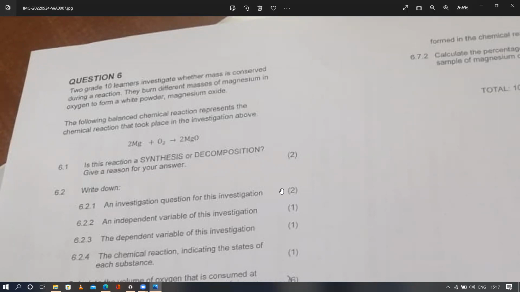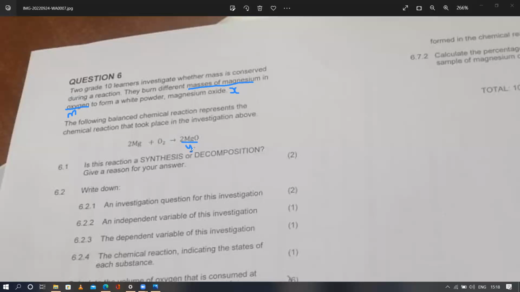The oxygen is constant. In this case, the masses of magnesium is going to be your X, and the MgO produced, that's going to be your Y.